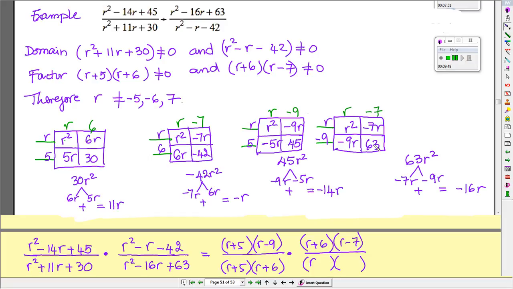And negative 9 times negative 7 is 63, good. So I'm going to put right here r minus 7 times r minus 9.